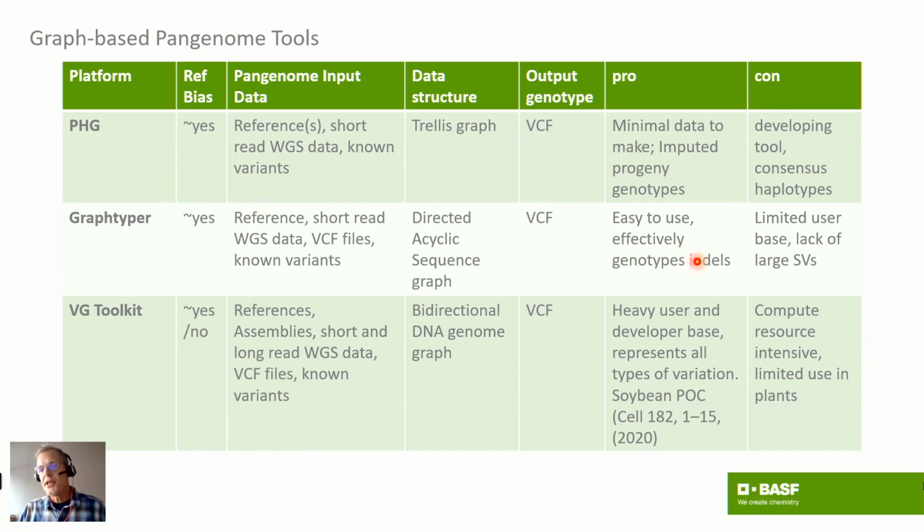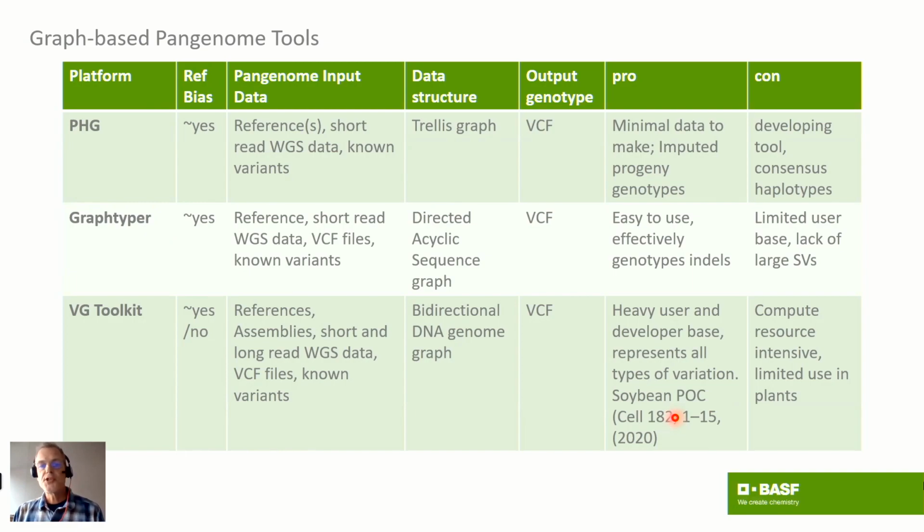GraphTyper is easy to use. It does not call all variation, and it has a very limited user base. VG, in contrast, does contain all variation, but the compute requirements appear to be quite intense. It does have a proof of concept in soy, which is a very interesting read.